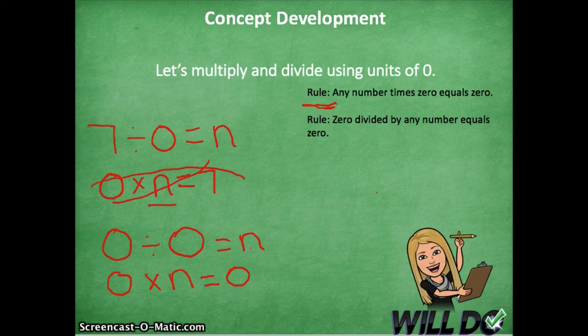Talk to your learning guide. Yes, 0 times a number equals 0. Talk with your learning guide about what the value of n might be. What is the value of n?